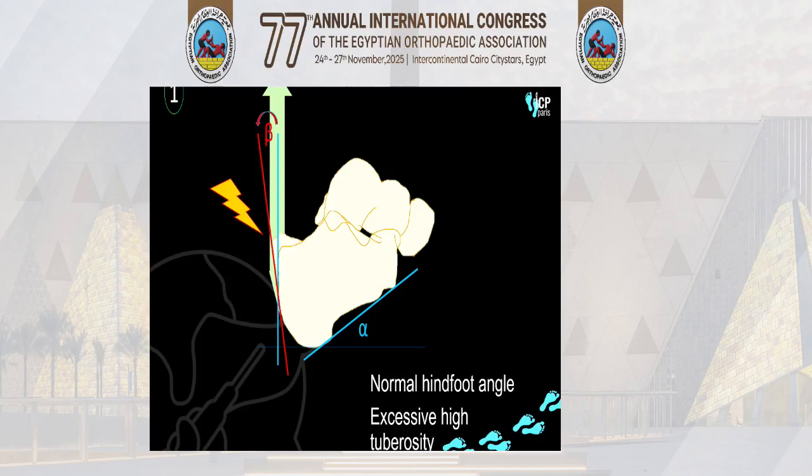Therefore, you must remove a piece of bone equivalent to the angle beta. That's this angle that you should report on the calcaneus. When you report it on the calcaneus, you will be able to move everything forward and stop the impingement.